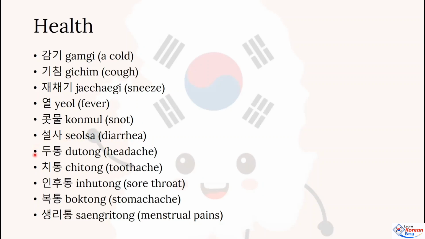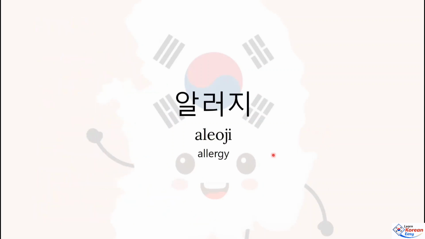Now the 통: 두통, headache. 치통, toothache. 인후통, sore throat. 복통, stomach ache. 생리통, menstrual pains. Let's just do it quickly. 두통, 치통, 인후통, 복통, 생리통. Okay, well done. So let's move on to our last part, the vocabs for health.